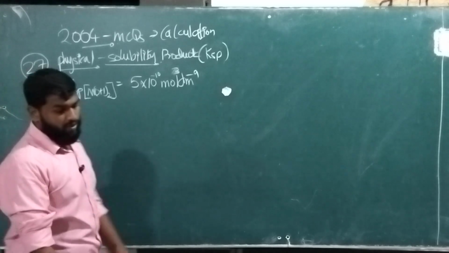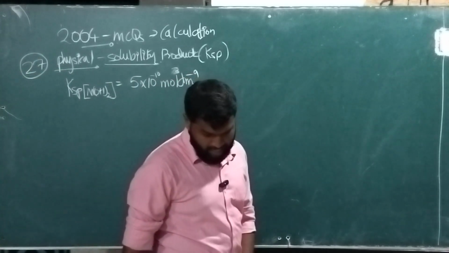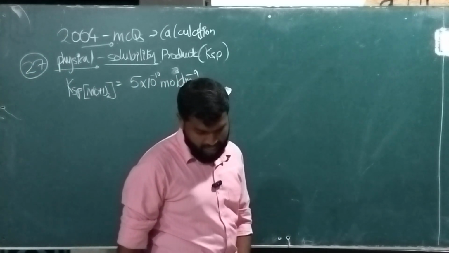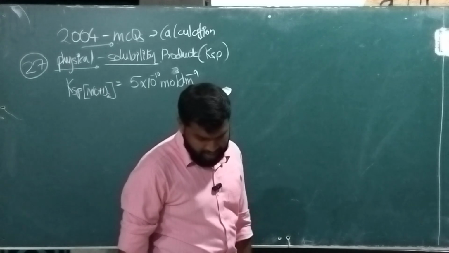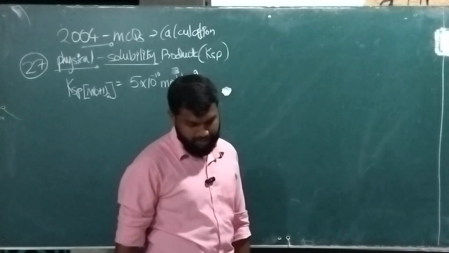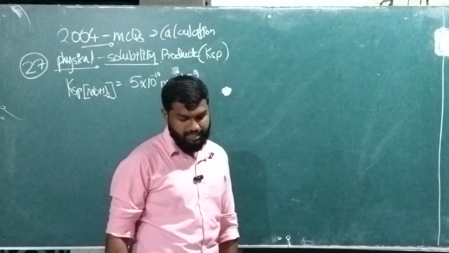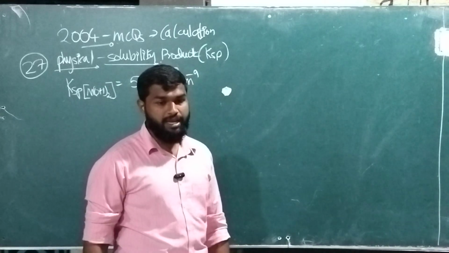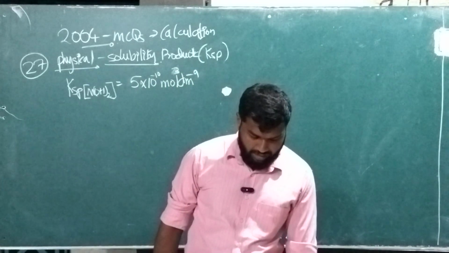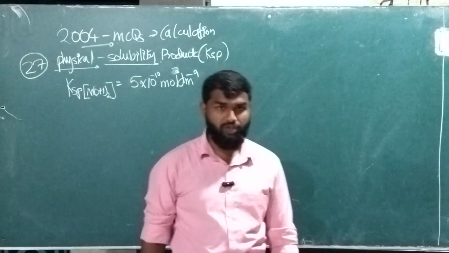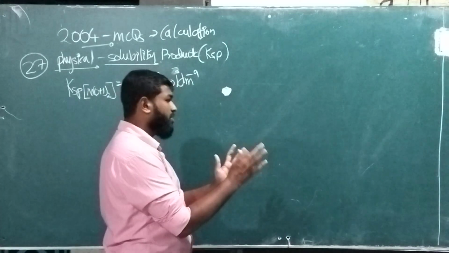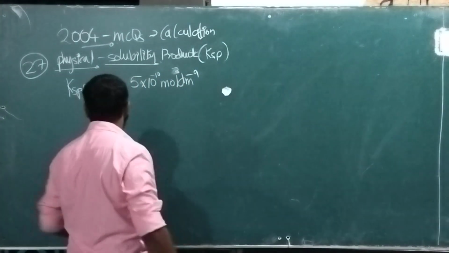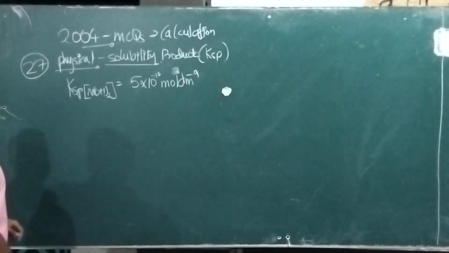Okay. Now they are asking the hydroxide concentration, right? They are asking the hydroxide concentration in mole decimeter minus 3 of a saturated solution of MOH twice at room temperature. In this part, you have to be careful.